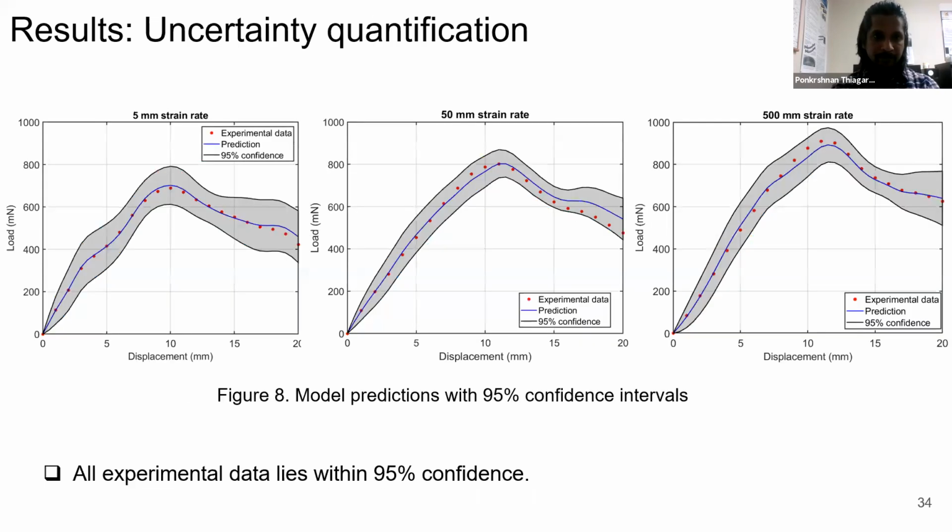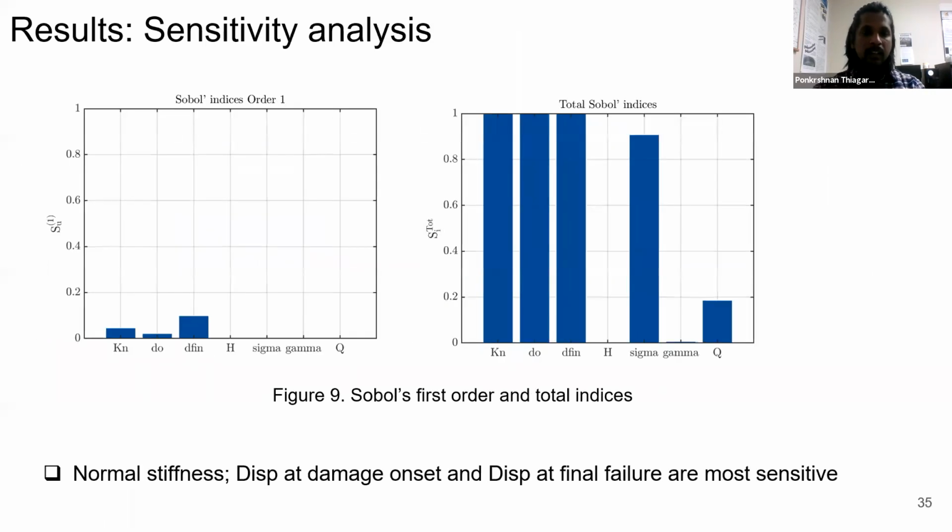Next. Now, the overall uncertainty quantification is shown here with a 95% confidence interval. The gray zone shows the 95% confidence, the red dots are the experimental data, and the blue curve is the mean of the predictions. We can see that the cohesive zone model's predictions always lie within the confidence interval of the experiments. Next.